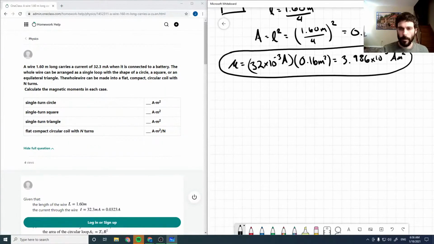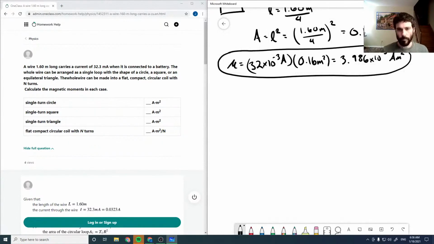And then for the equilateral triangle, oops, that was a mistake there. Our equilateral triangle is going to have each side of length L, and our area is going to be 1/2 the base times the height, as I've written it in here.